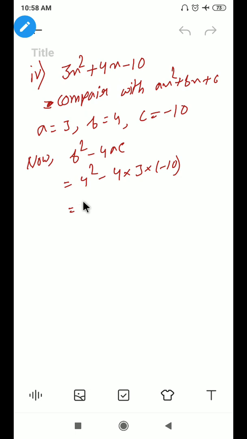So 4 square means 16, and here 4 threes are 12, 12 tens are 120. So this will be 136. Is this 136 a perfect square or not?